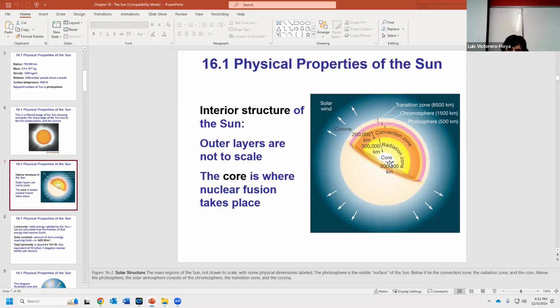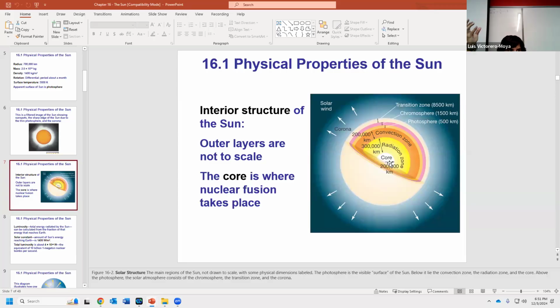We call it the convection zone because we have convection currents. If you remember from the greenhouse effect, or the water cycle here on Earth, in convection, cooler material goes down, hotter goes up. So you have a convection cycle like that.